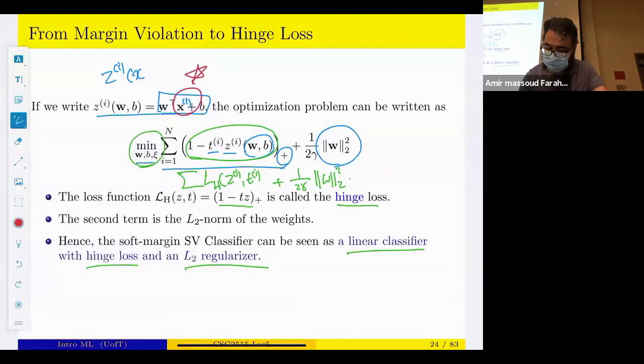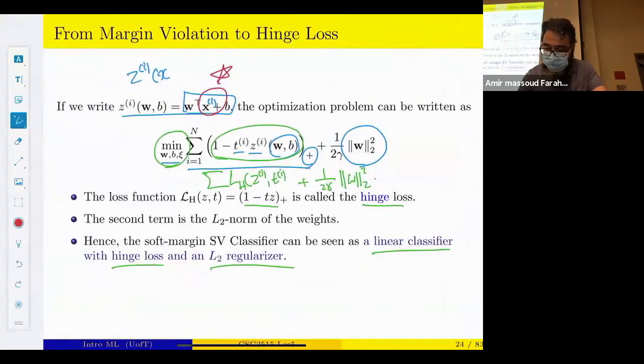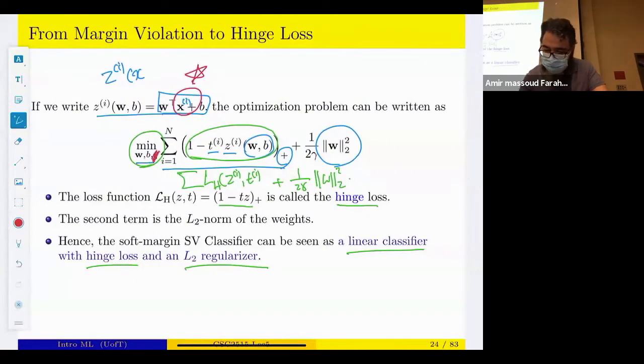Yeah, we removed xi in the previous step. So there's no xi. Okay. So z represents this linear output of the linear model. Any question on Zoom or here?